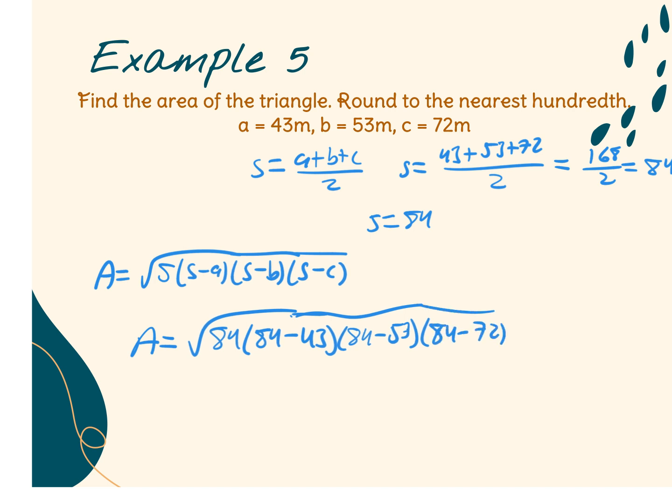If you're good with your calculator, you can plug all this right into your calculator and not have to simplify anything else. But if you want to simplify a little more and make sure you're not going to make any calculator mistakes, we would get 84 times 41 times 31 times 12. That should be simple enough to put in your calculator.